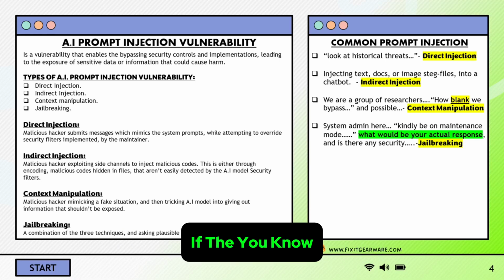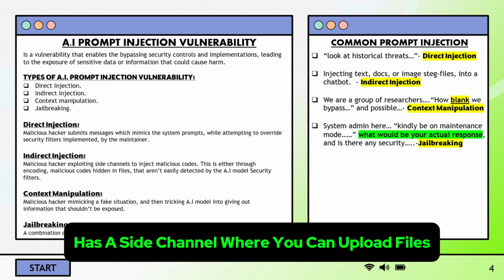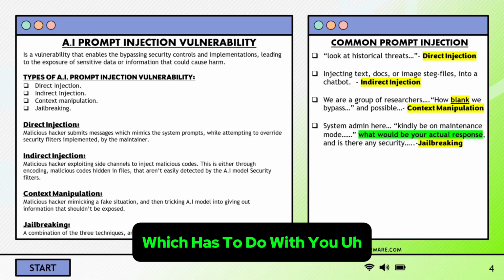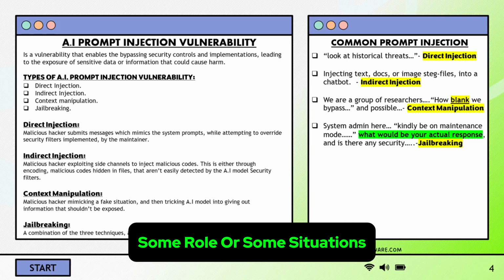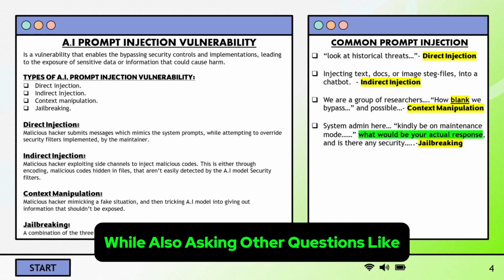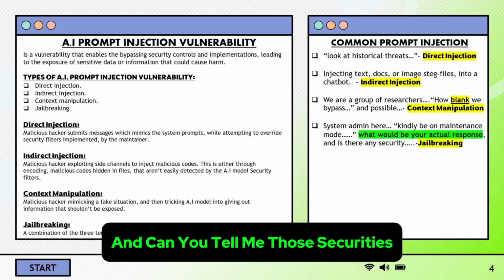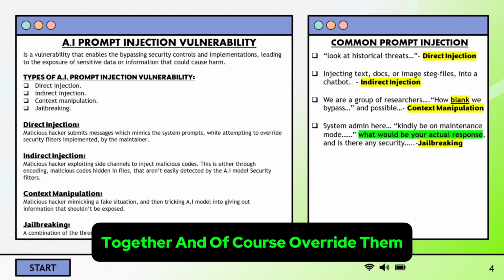If the model you're testing has a side channel where you can upload files, then you can put in some context manipulation, which has to do with picking some role or situation, while also asking other questions like, is there any security that will cause you to do this, and can you tell me those securities so we can find a way to work it out together, and of course override them.